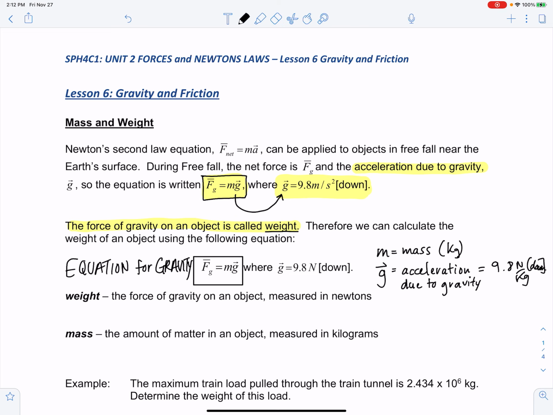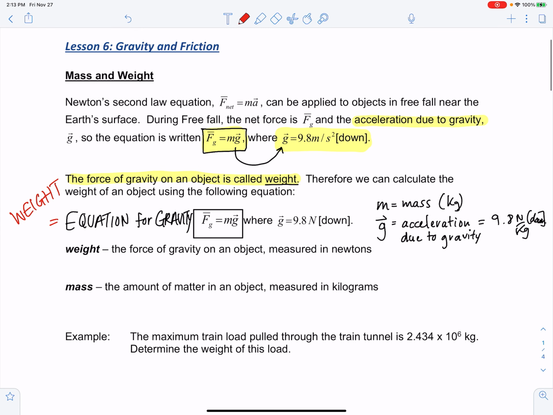Now note, if you find the force of gravity that the Earth exerts on an object, it's equivalent to the weight of an object. So weight is measured in newtons.